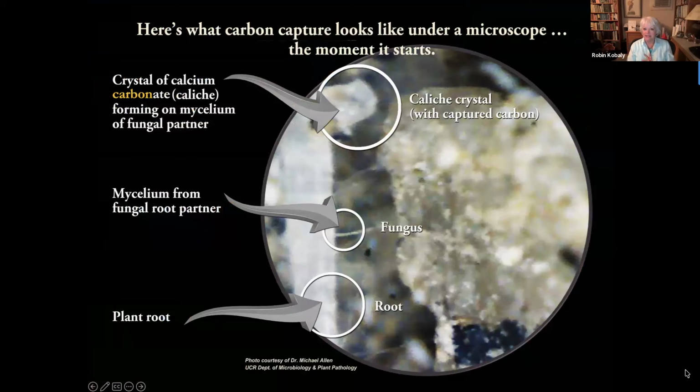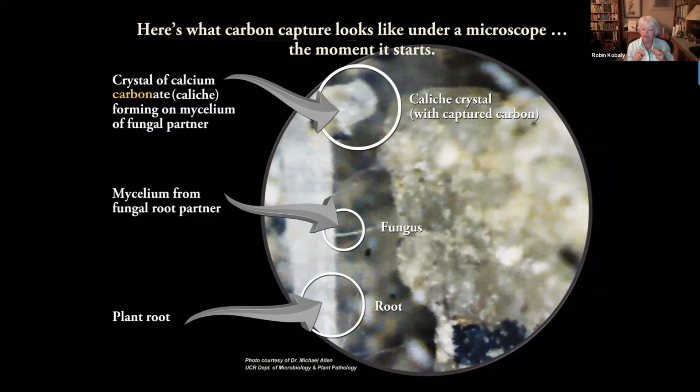So here is another microscopic look. And I got permission to use this from Dr. Michael Allen at UC Riverside. He actually got a photograph of the moment that carbon capture happens between a plant root and the mycelium going in. So on the left-hand side of your screen, the very pure white thing is the plant root.